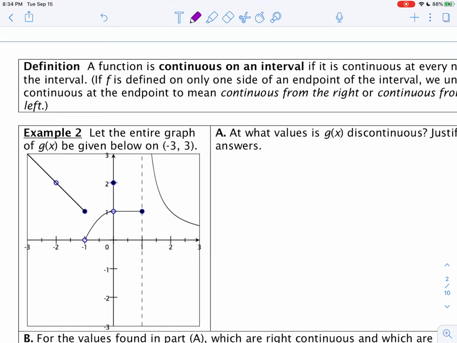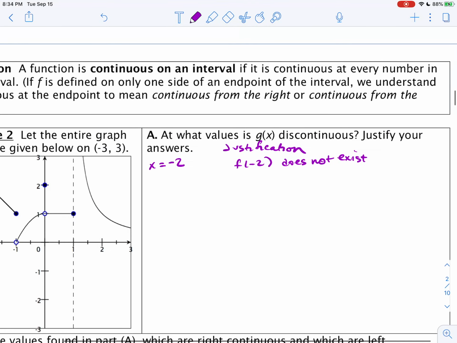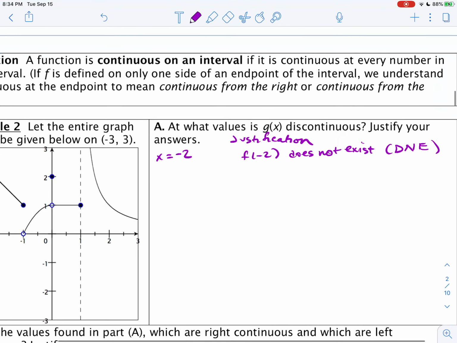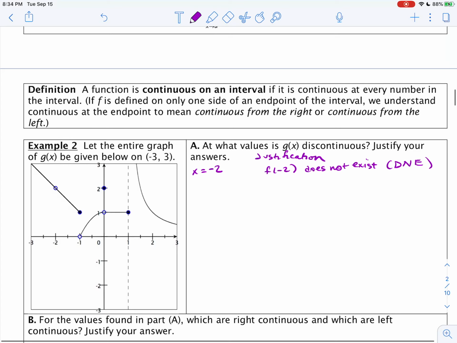I see that there's no function output here, so at x equal to -2, and what's the justification? And that is that f of -2 does not exist. And for the sake of continuing, I'm going to say DNE for does not exist.